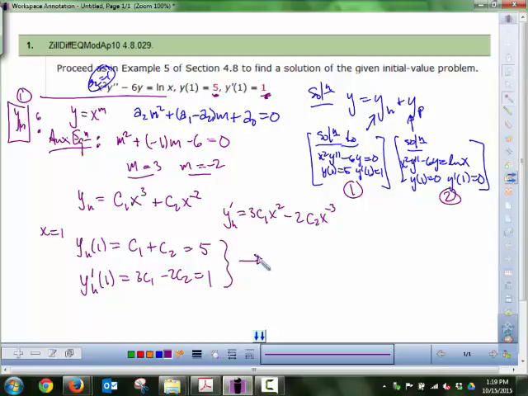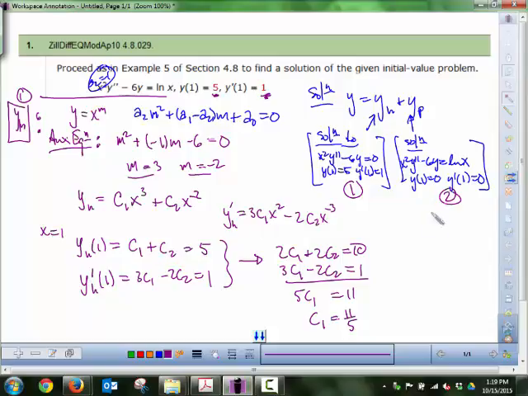Any way to solve this would work. Multiply the first one by 2, so 2 C1 plus 2 C2 is equal to 10. And 3 C1 minus 2 C2 is equal to 1. Let's go ahead and add. That's 5 C1 is equal to 11. So C1 is equal to 11 over 5.